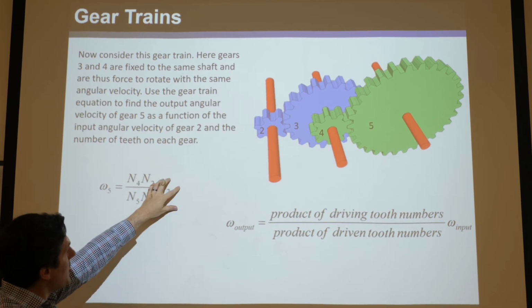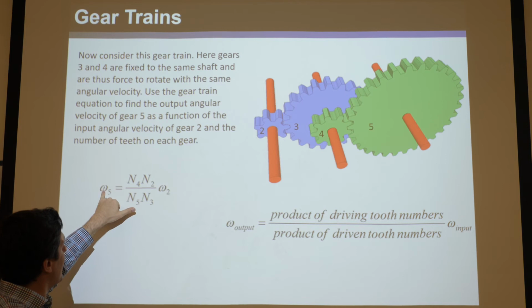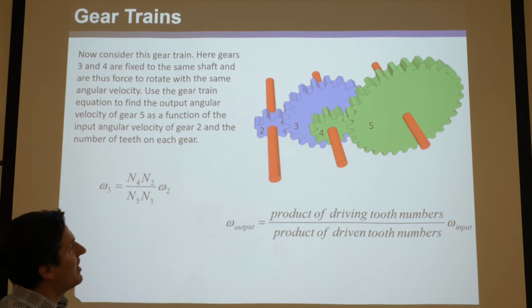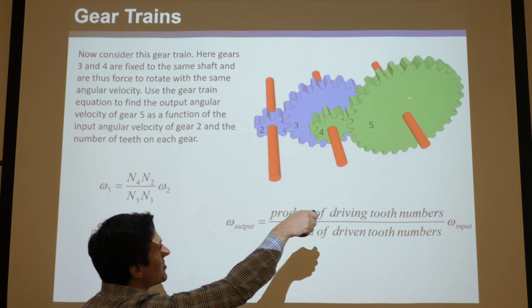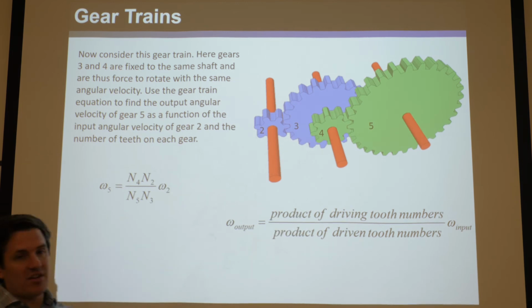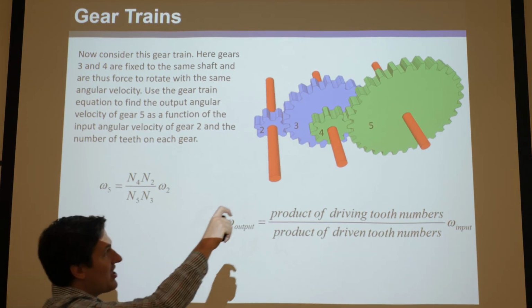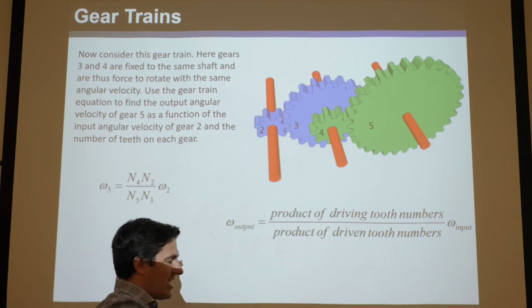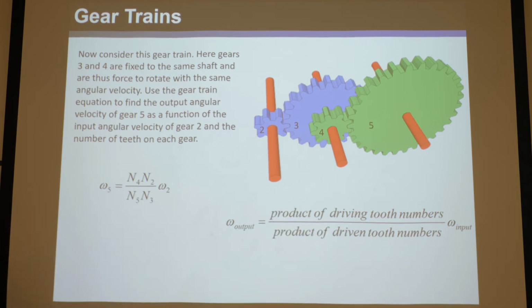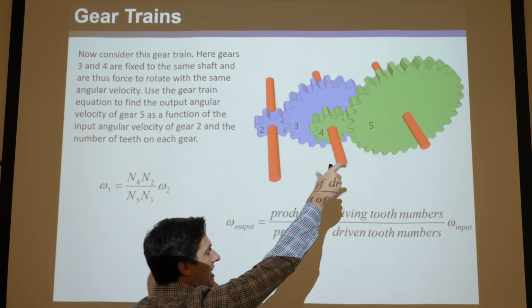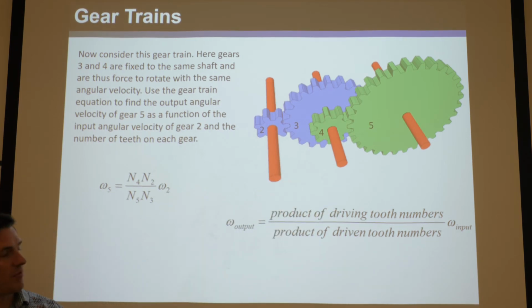So you could put in a huge omega 2 and step it down and get a tiny omega 5. This would be screaming fast, and this would just barely be moving. And the advantage of that is it would, by that power argument, have a huge torque. So you'd step up your mechanical advantage hugely. With a very weak input torque, you could break something off with a giant moment there.